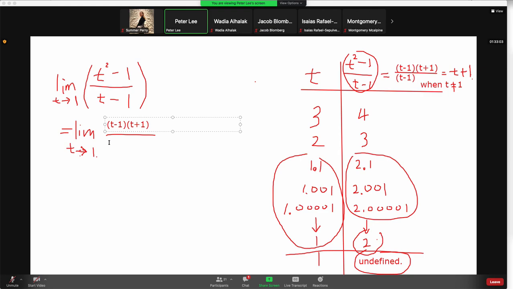When you divide any polynomial f of x by x plus 3, the quotient will be q of x, and the remainder will be r. By the way, it turns out this r is the same as f of -3. This r turns out to be f of -3.